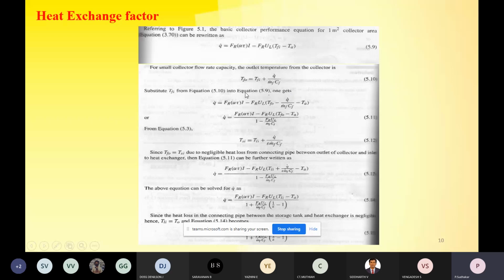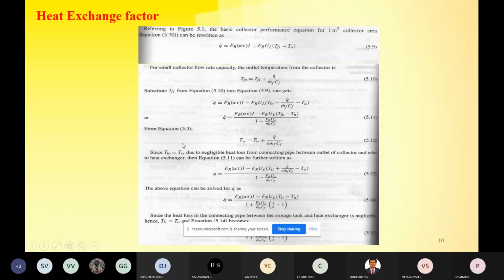If you get this equation and do the mathematical steps, you find F for alpha tau I minus F for UL (TFO minus TA), divided by 1 minus F for UL by m dot CF. So this is Q dot.